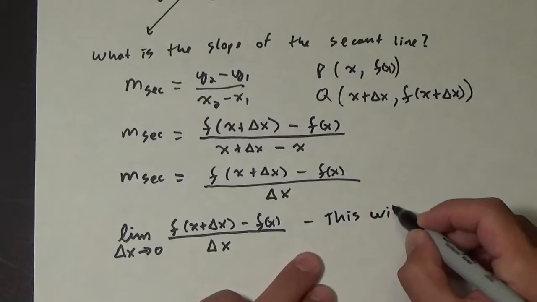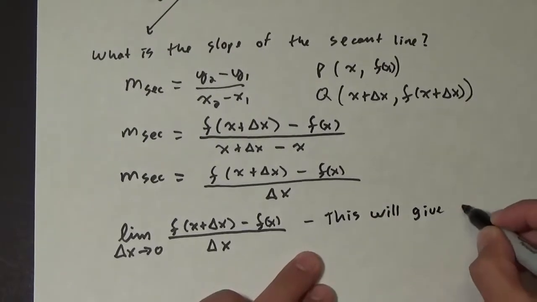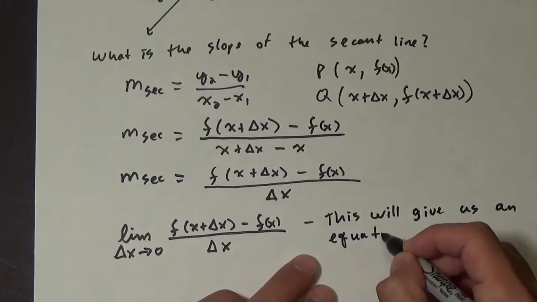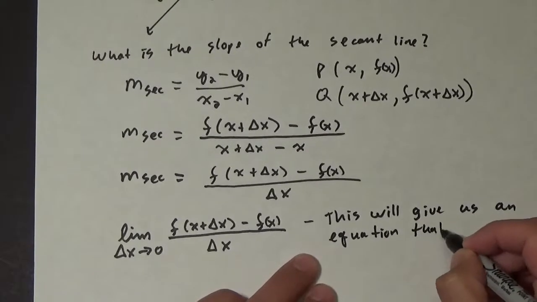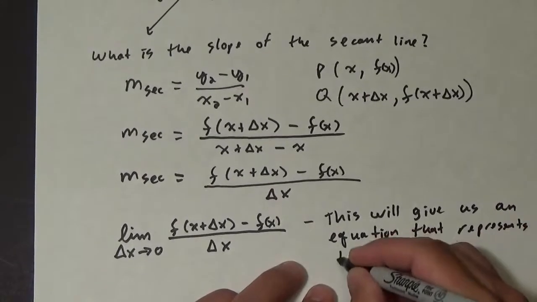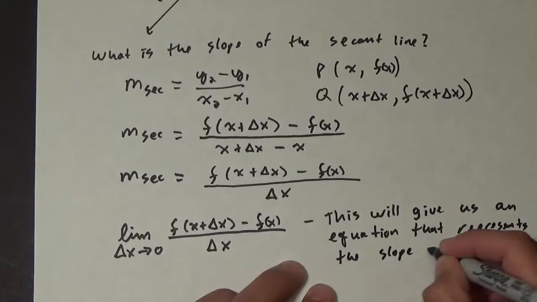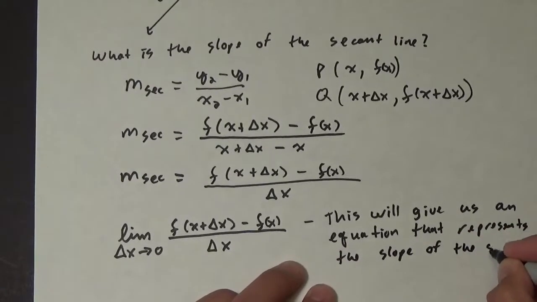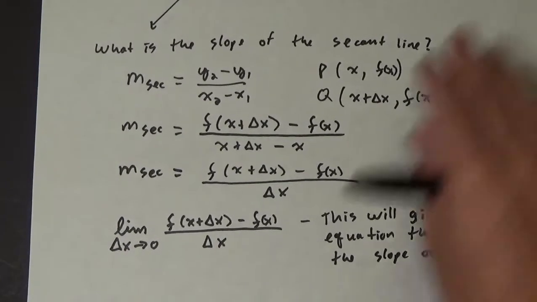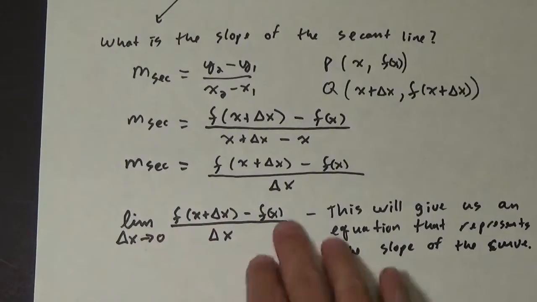This will give us an equation that represents the slope of the curve. So let's look at an example of how we might use this new idea of taking a limit of that equation.